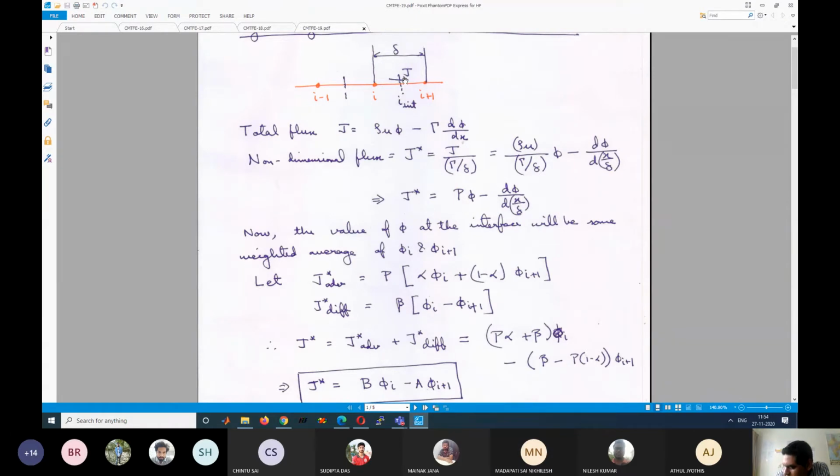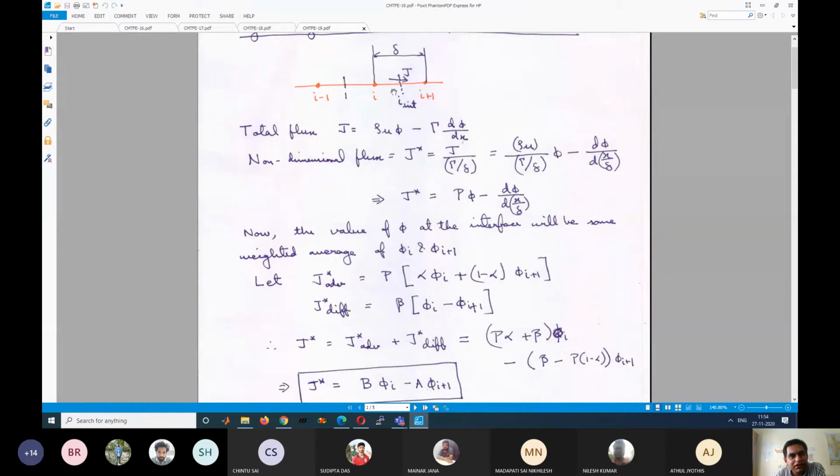Assume that it is 10 in one direction. When you reverse the grid, the flow is still going in the same direction because physically the flow cannot change, right? Flow and diffusion are still in the same direction, but your coordinate axis has changed. That does not mean the physical problem is going to change. For any physical problem, I can take whatever arbitrary coordinate direction. Flow is still going from left to right.